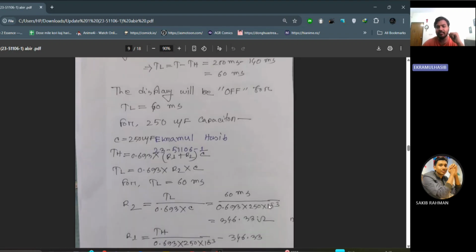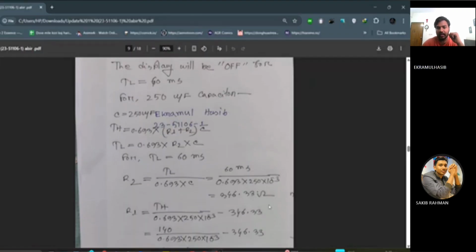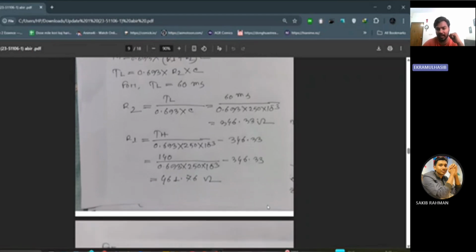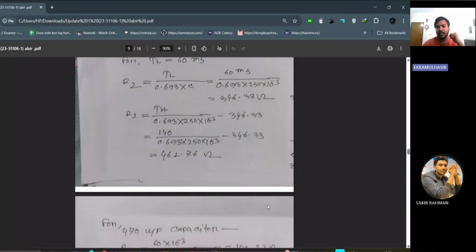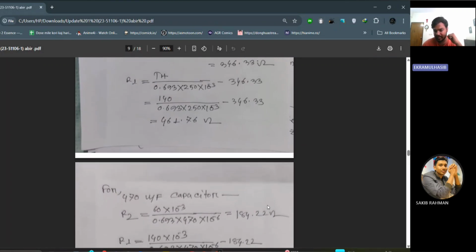For the 215 microfarad capacitor used, R2 equals TL divided by 0.693 into C. That means 346.33, and R1 calculated is 461.76.